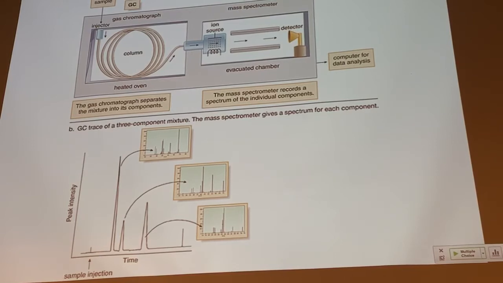Okay. This technique is also used for drug testing. We talked about steroids and performance-enhancing drugs in Chapter 12 last week. But some of the molecules of interest there are higher molecular weight. GC requires you to be able to vaporize your molecules of interest.